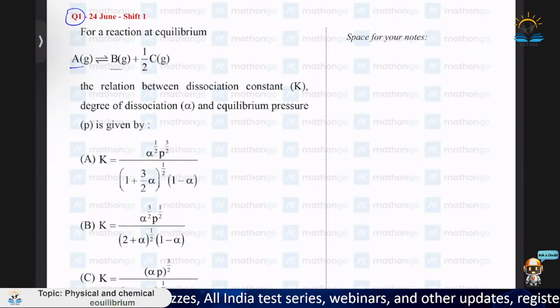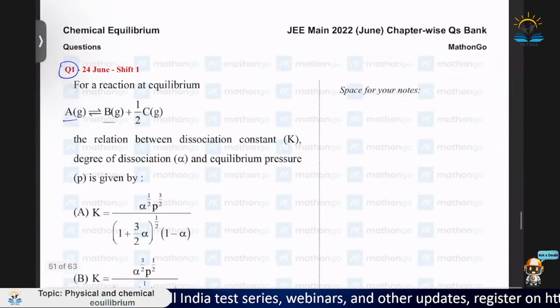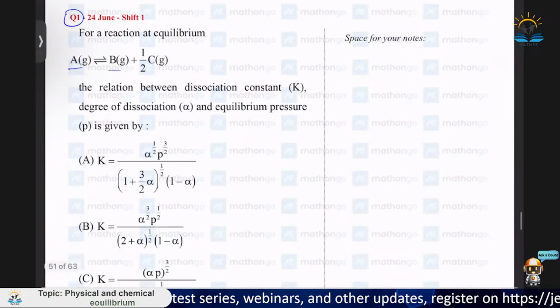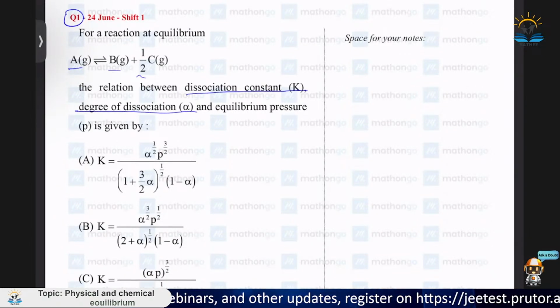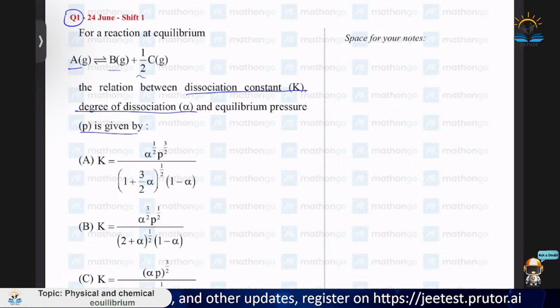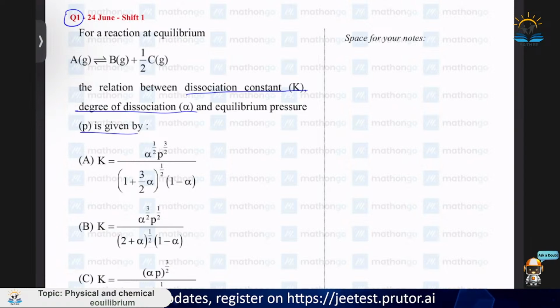So this question says that this is the reaction, and they have asked for the relation between dissociation constant and degree of dissociation and equilibrium pressure. So let us write the reaction again.